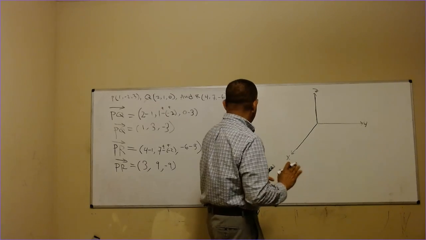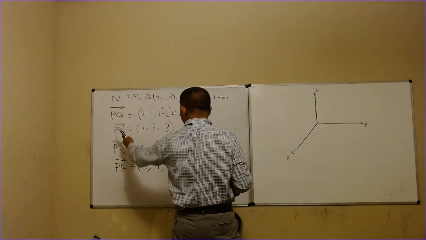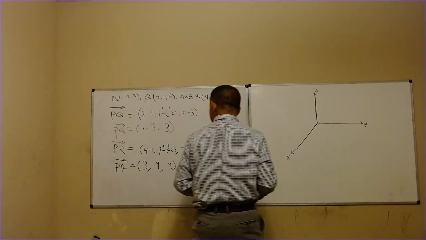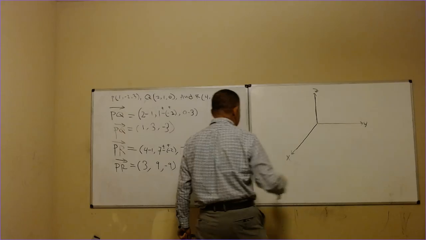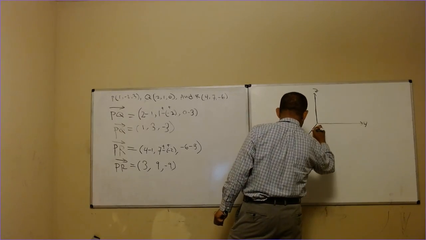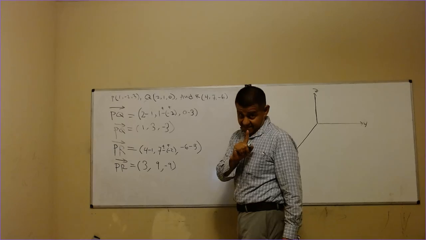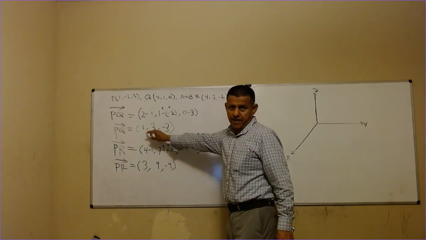Now, let me try to point P, Q, right? I am going to the X coordinate. I'm going 1 unit on the X coordinate, and also making sure that it's positive, right? X coordinate is positive.